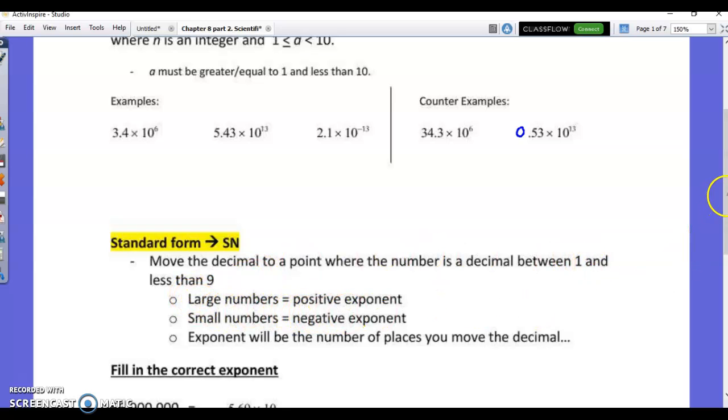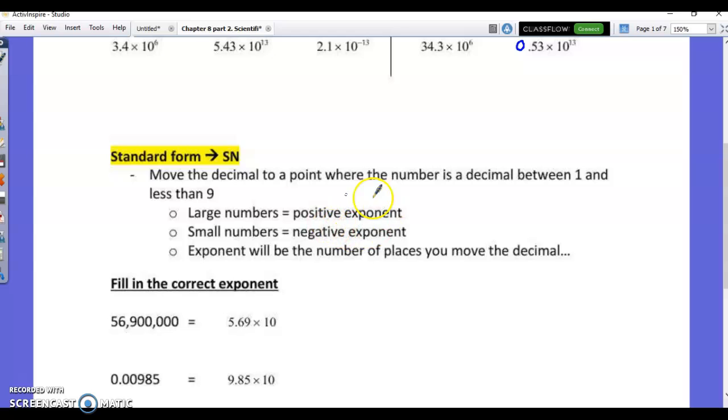So one way you can think of it is for large numbers, we're going to have a positive exponent, and small numbers are going to have a negative exponent. And the exponent will be the number of places we move that decimal. We physically move it, right? So if I look at this number, again, big number, positive exponent, right?